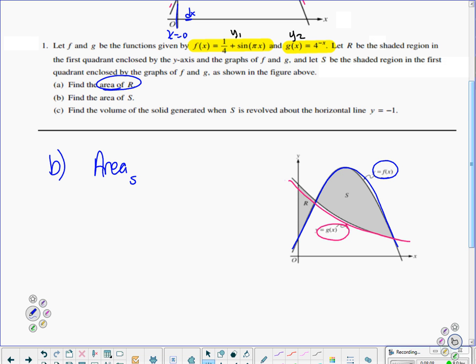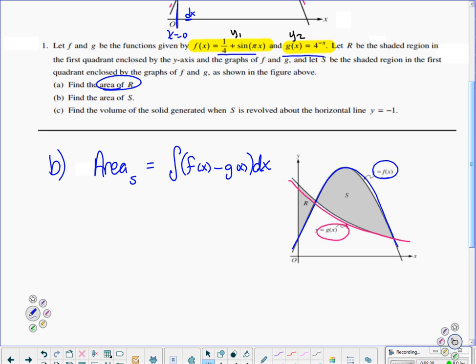Area of S is equal to the integral of f of x minus g of x. For the AP exam, I do not have to write this stuff out. If they've already referenced it and assigned it to different function names, I can use that in my body of work and be just fine. If you like to write it out, there's no harm in that either.